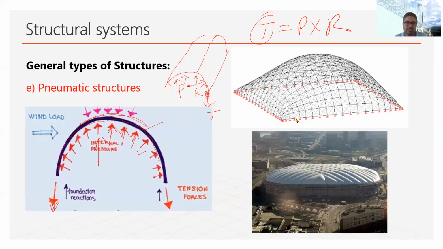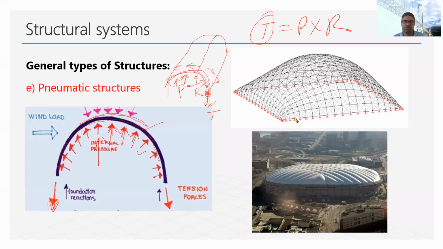This pressure, because of the air pressure, will cause a tensile stress on the surface of this membrane, and this stress will be distributed like this.